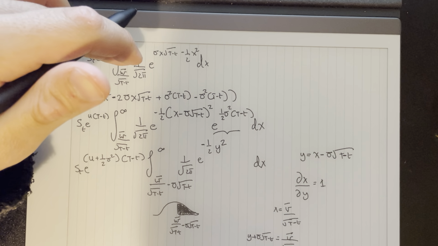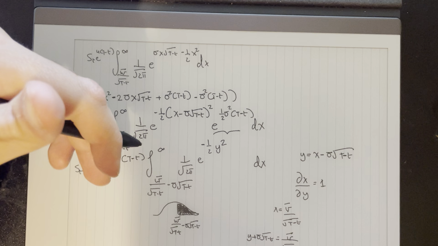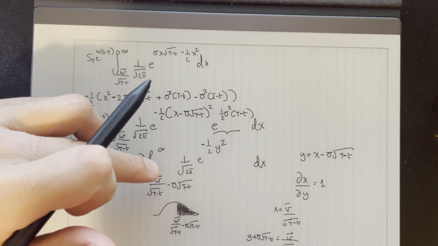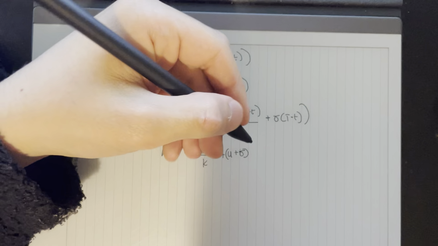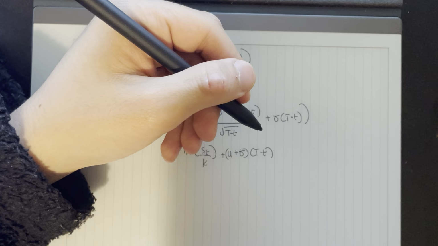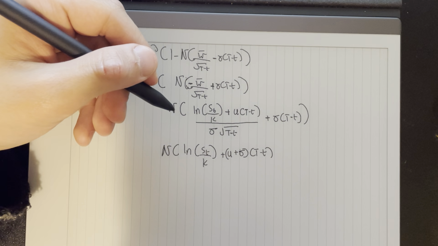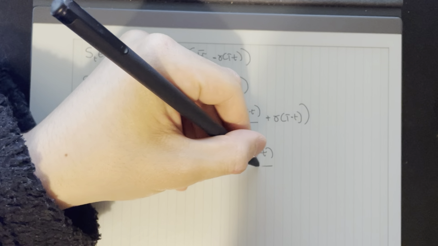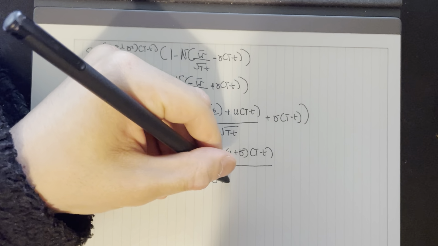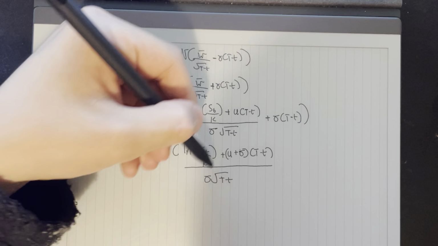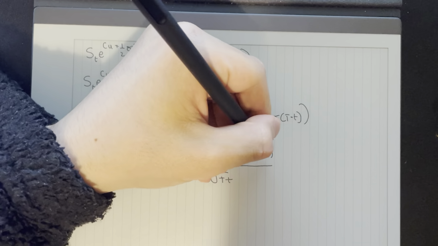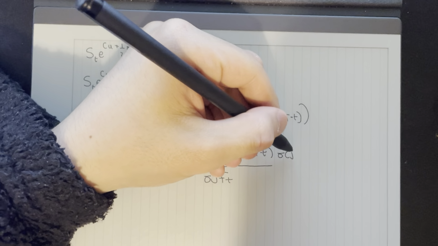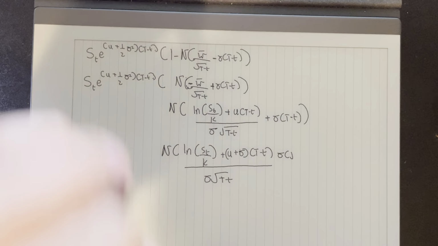X minus mu. And because I've included this under the denominator, I also have to multiply it correspondingly by sigma multiplied by the square root. One second, sorry, I'm a bit confused here.